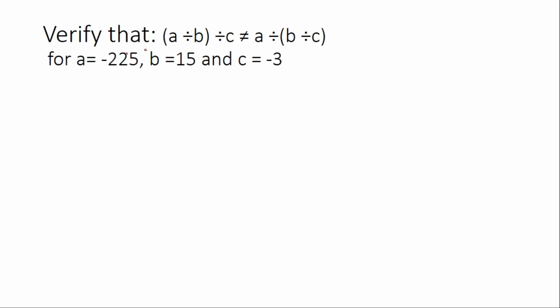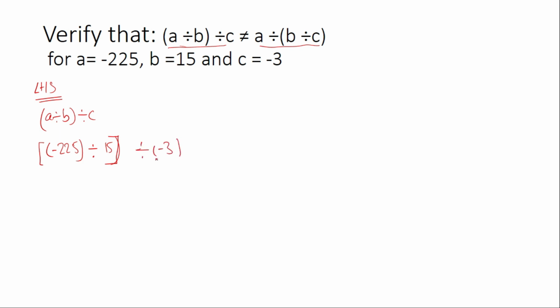We have to verify that left hand side is not equal to right hand side. The values of A, B and C are given. So let us write the left hand side. Left hand side is A divided by B divided by C. We will put the values of A, B and C. So we have to write minus 225 divided by 15 divided by minus 3.